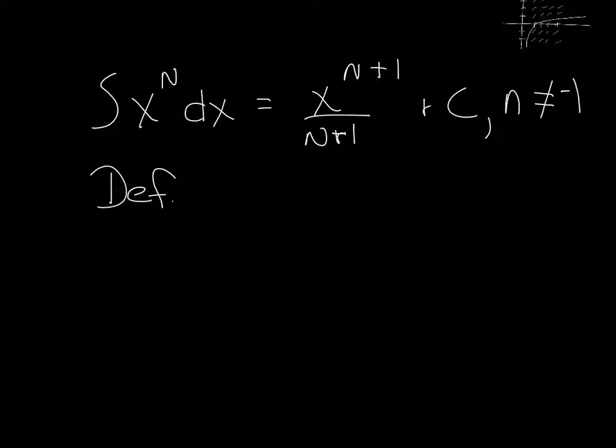Last year we just talked about the natural log in relationship to the fact that it was the inverse function of the natural exponential function. But the formal definition of the natural logarithmic function uses integrals.